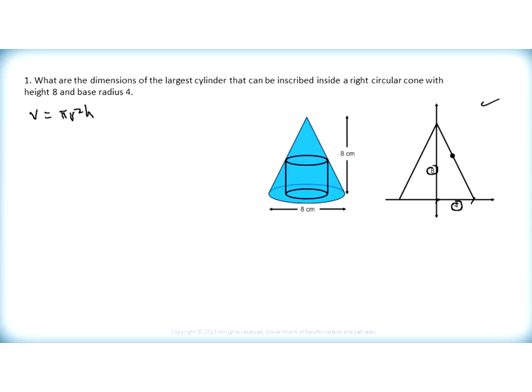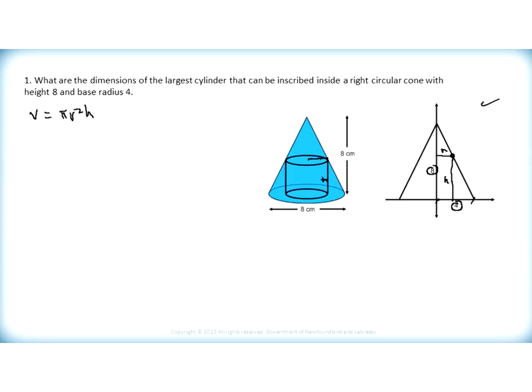And so since we have that, we can get a relationship between the radius and the height of the cylinder, believe it or not, because at any point on the line that we see here on the right, that would be the radius of the cylinder from over here, and this one would be the height of the cylinder from over there.